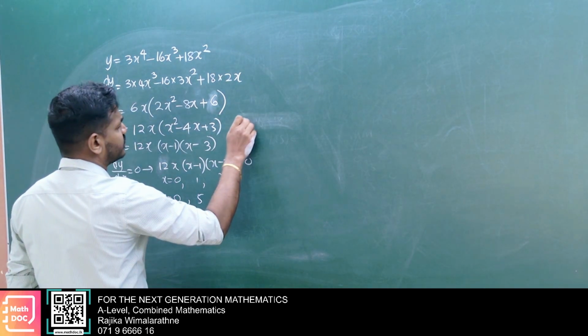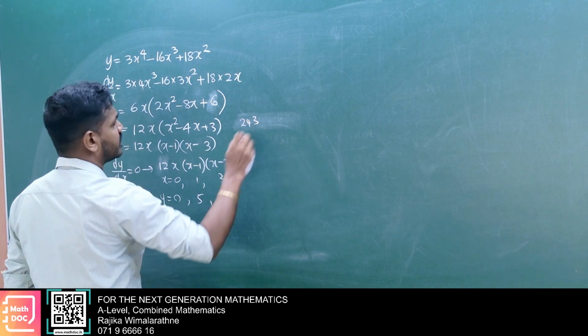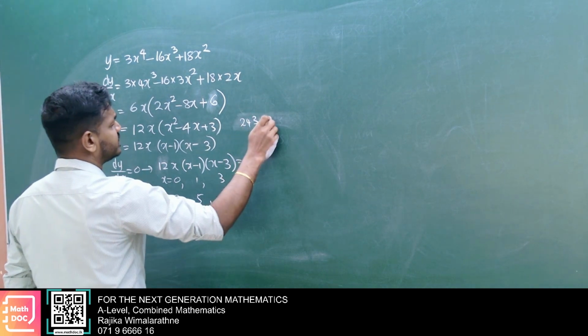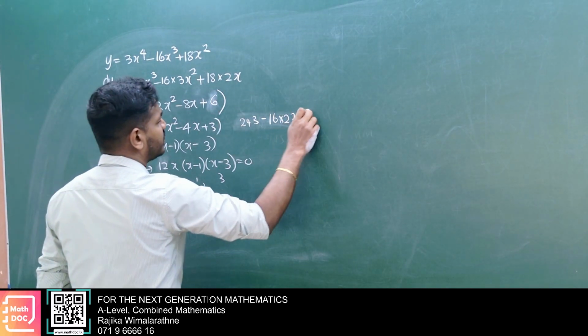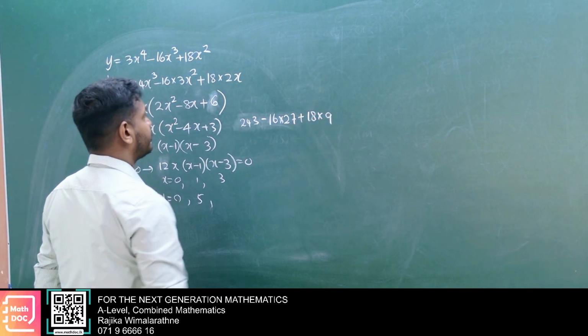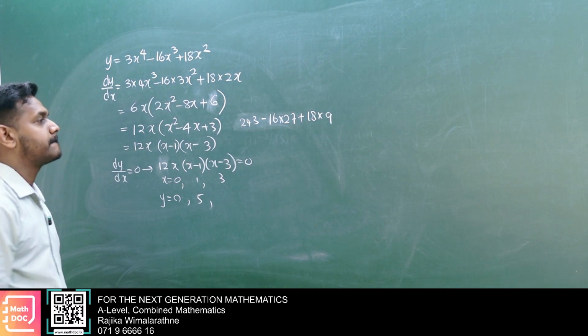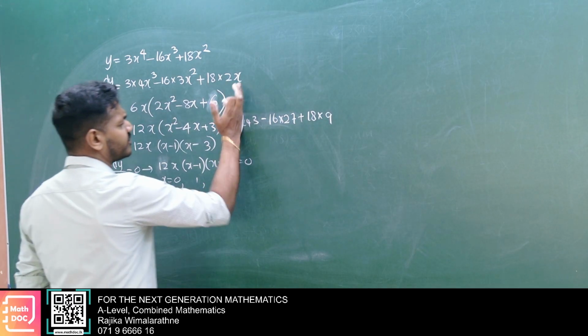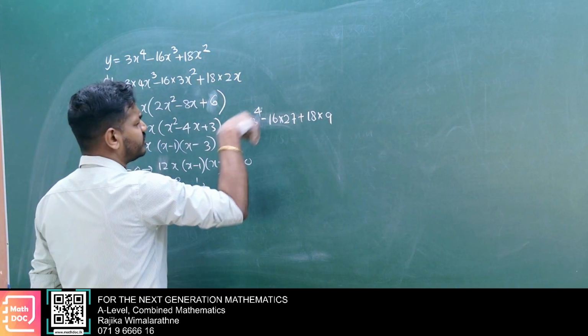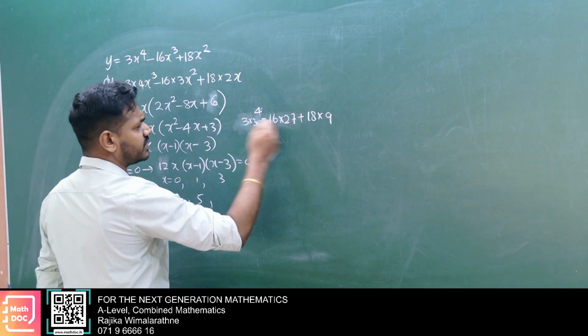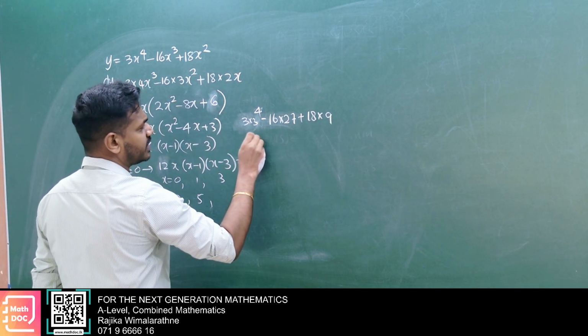81 times 3 is 243. 27 times 16. 18 times 9. Here 3 times 3 to the power 4. Here 3 cube is common, take it outside.